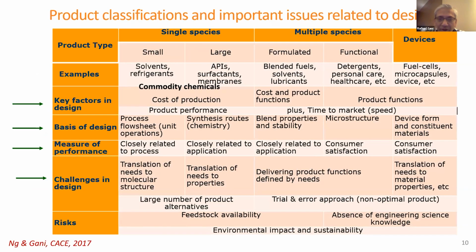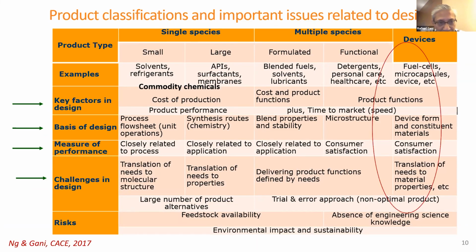Here, to highlight again the importance of definition of the problem, we have classified the products into different classes like single species, multiple species, devices. And then under single species, there are small or there is large, under multiple species, formulated, functional, and then devices.